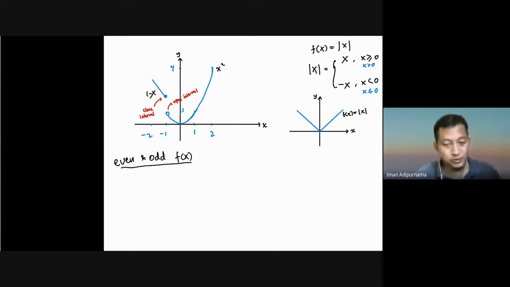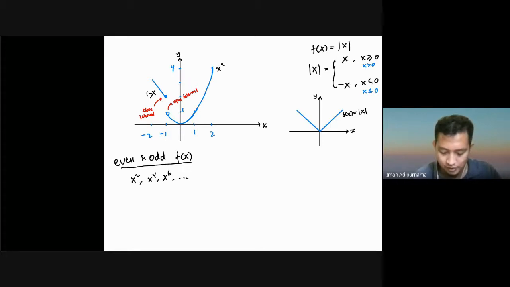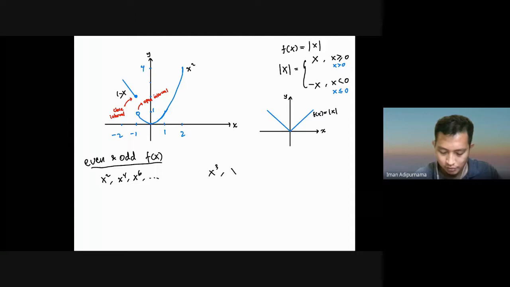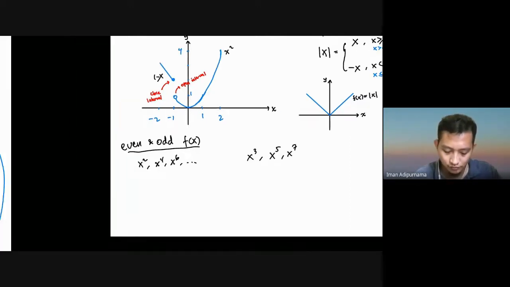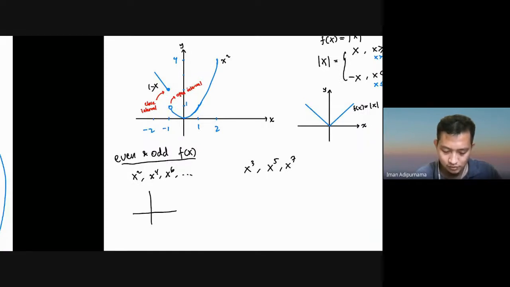I think in calculus 1 and calculus 2, they will still talk about even and odd functions. So even and odd, for example, you imagine x squared, x to the 4, x to the 6, and so on, and also imagine x cubed, x to the 5, x to the 7. If you draw, you know that it will be around like this.